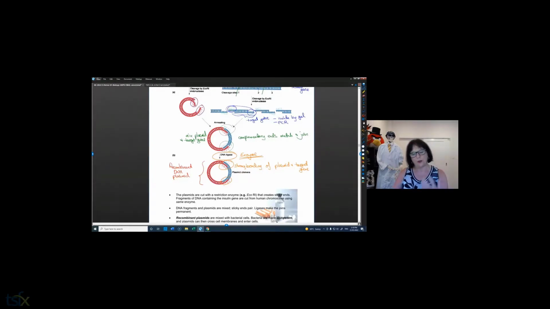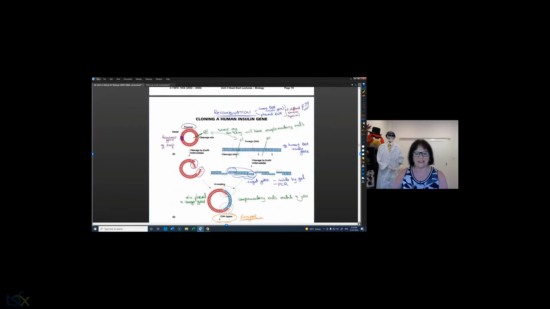So now this recombinant plasmid isn't just like the original, it's got our gene in it as well. So therefore, if we can get this plasmid into bacteria, yes, the bacteria will have the plasmid, but it'll have our gene too. So this is step one, is creating the recombinant plasmid. That's the first step in our process.